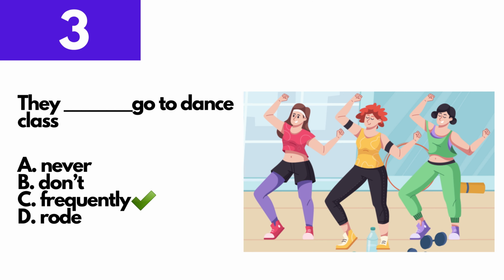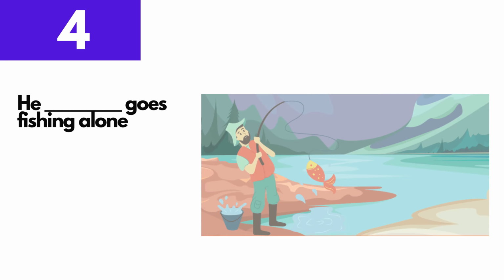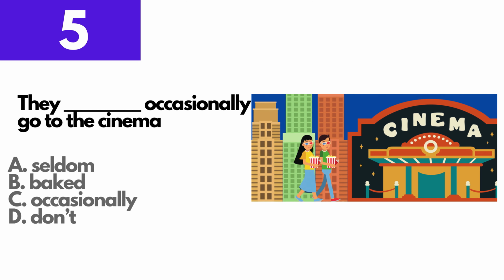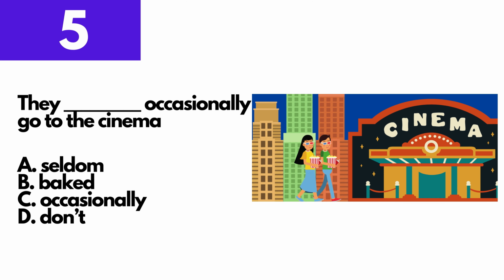They frequently go to dance class. Seldom. He seldom goes fishing alone. Occasionally. They occasionally go to the cinema.